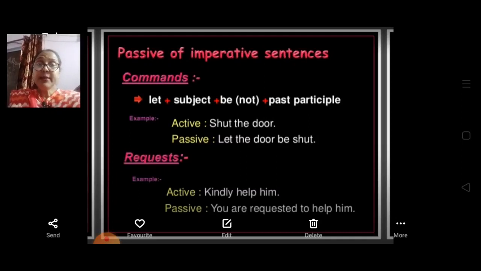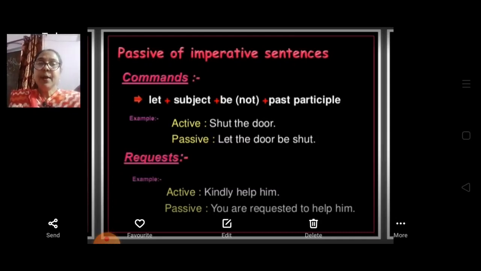If it is a request, for example, kindly help him is written in active voice, so in passive voice we are going to change it to you are requested to help him. Now you should understand that kindly and please are requesting words, so it is a request in an imperative sentence.